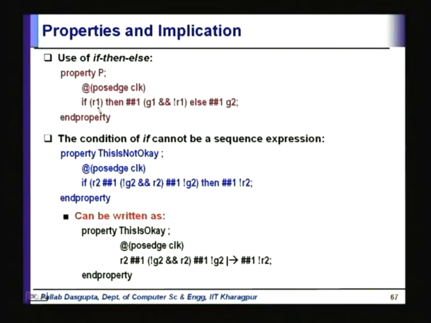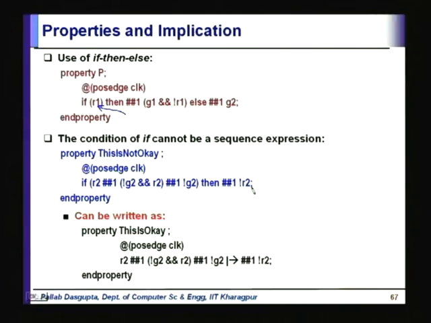Now, this condition of the if cannot be a sequence expression. This has to be something which can be evaluated in the same cycle. So, in other words, this can only be a Boolean formula. It cannot be a temporal formula. It cannot have any hash 1s or anything like that. Right. So, it is not okay to write something like this, that if R2 hash 1 not G2 and R2 hash 1 not G2, then hash 1 not R2.